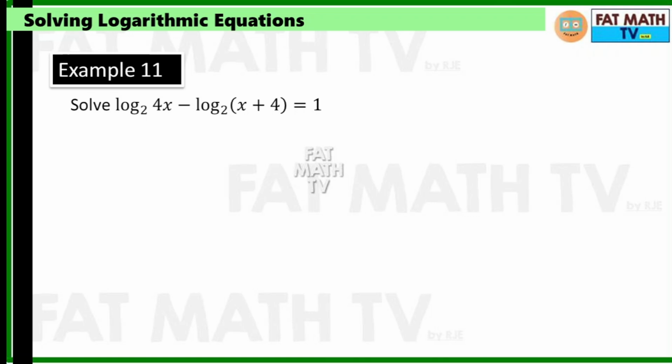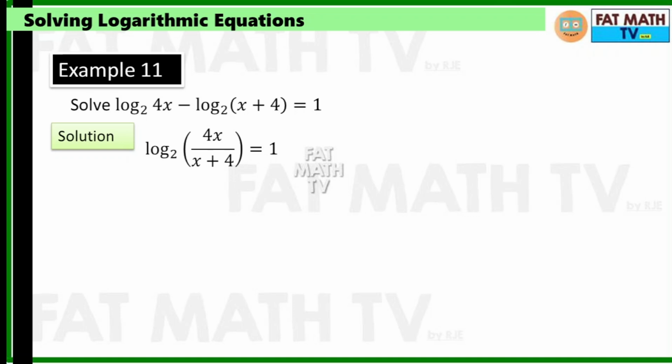If you have a difference, then you can express that as the logarithm of the quotient of 4x and x plus 4. So logarithm of 4x over x plus 4. That's the law of logarithm. If it's a sum, then you can express it as a logarithm of a product. But if it's a difference, then you can have the logarithm of the quotient.